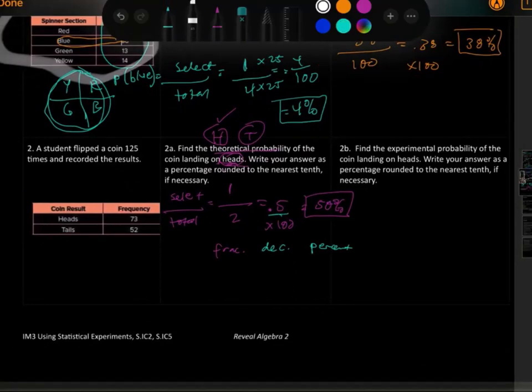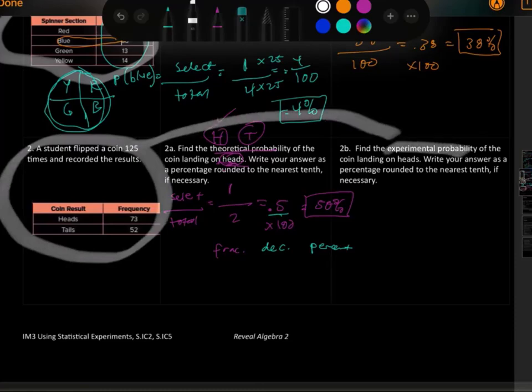Okay, so remember, the chart here refers to the experimental probability. So now we need to find what happens actually in our experiment. So the total, how many times did I flip this coin? 125 times. And what did we want, or what did we select?